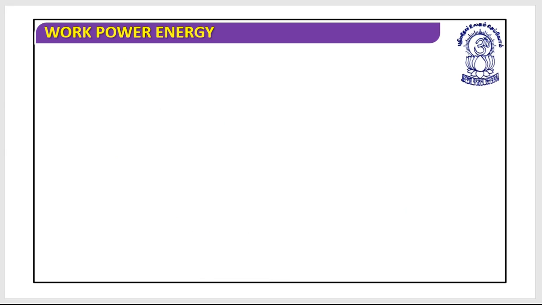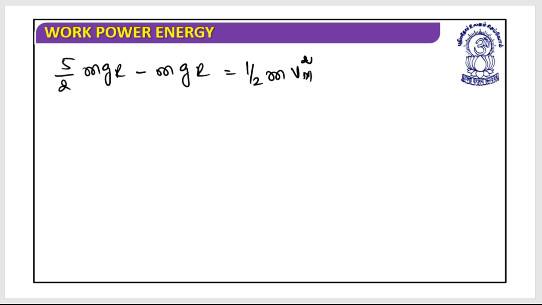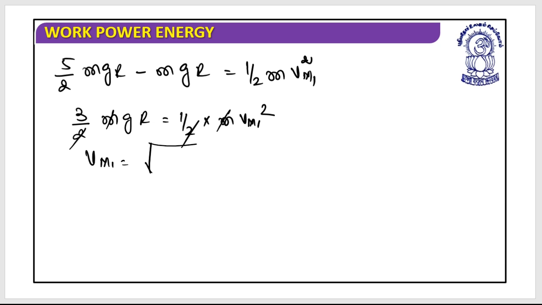While doing this, 5 by 2 mgr minus mgr should be equal to half into m into vm1 square. So 5 minus 2, which is 3 by 2 mgr, should be equal to half into m into vm1 square. So this has gone, this is gone, so vm1 should be root of 3gr.